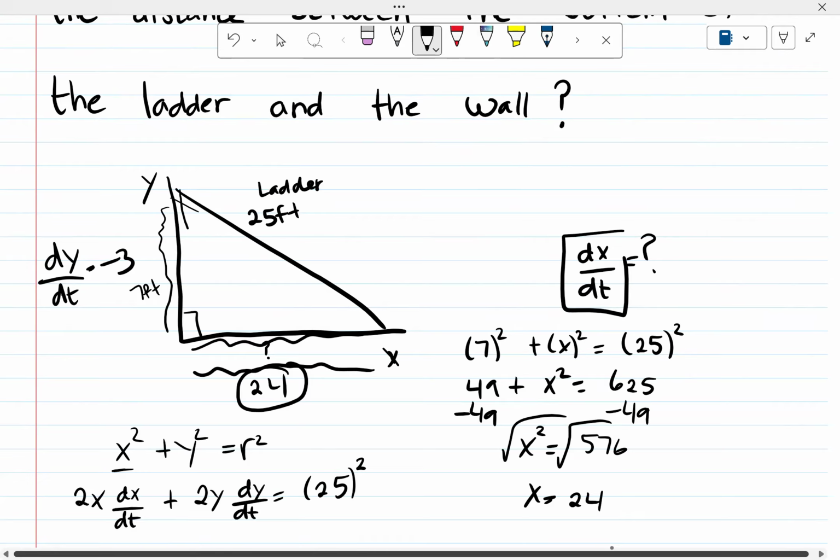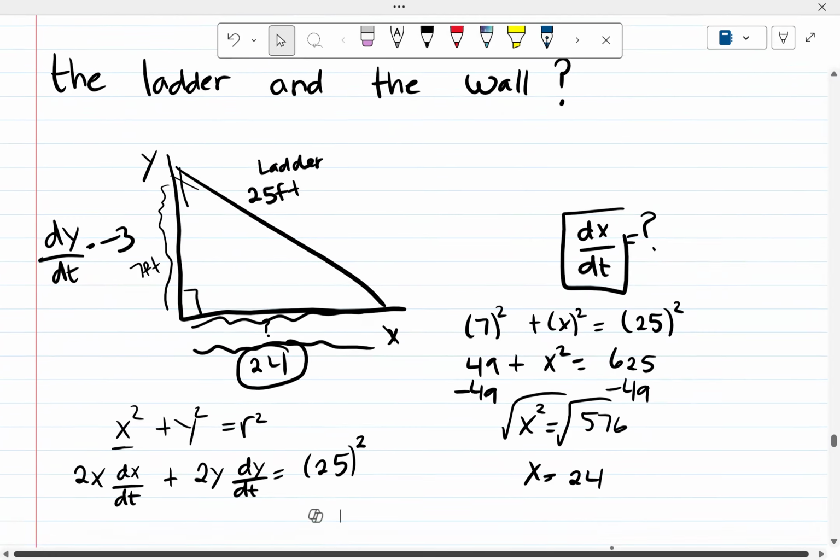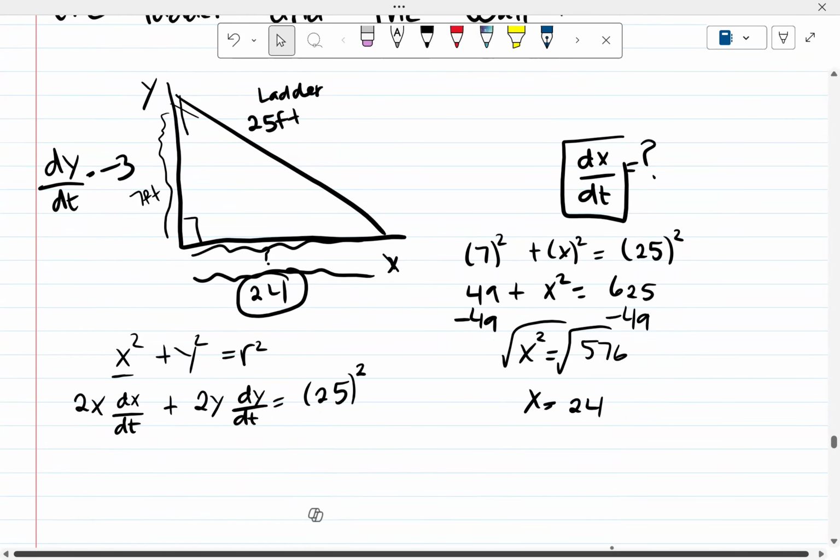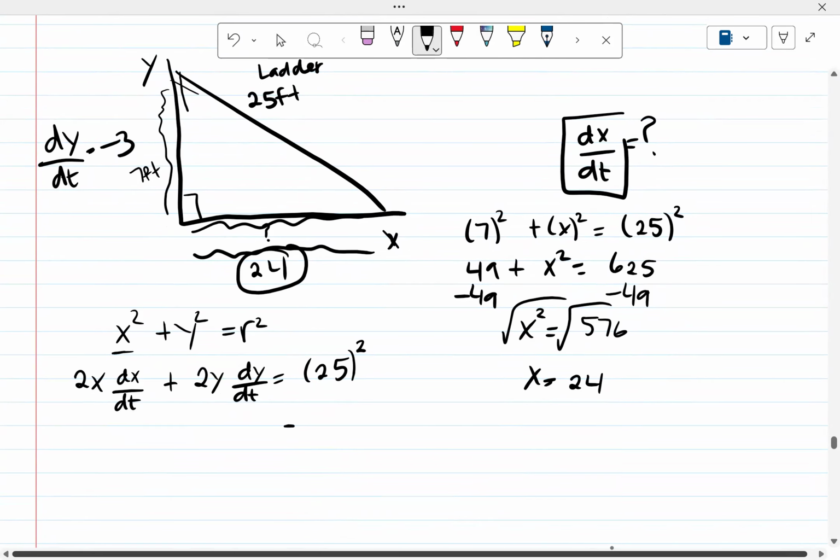Our goal is to find dx dt, and we can fill in the rest. What's the derivative of 25 squared? It's a constant, so that's going to be 0, right? Then we can just fill in what we have. Over here, what's 2 times x times dx dt?